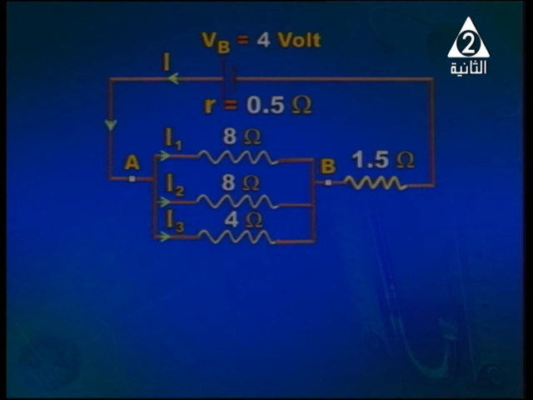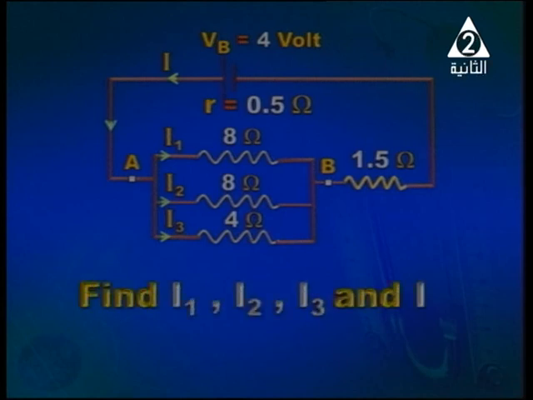And this parallel combination is connected in series to 1.5 ohm, and never forget the internal resistance of the battery is 0.5. Calculate the currents I1, I2, I3, and the total current. I1 through the 8 ohm resistor, I2 through the other 8 ohm resistor, and I3 through the 4 ohm, then the total current.